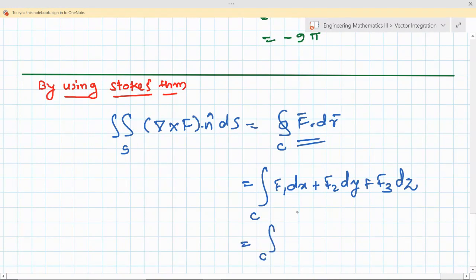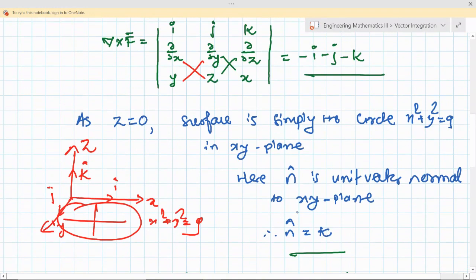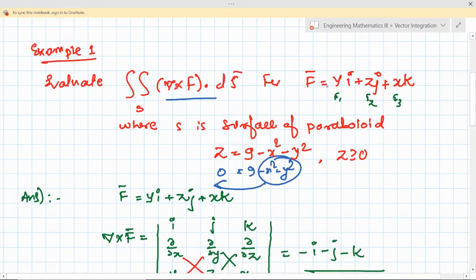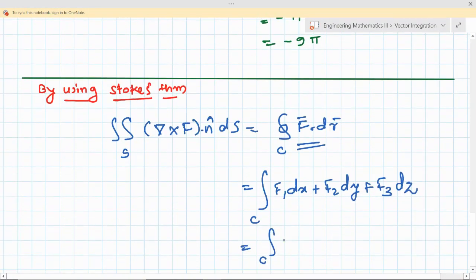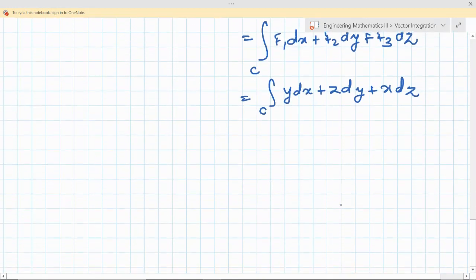What is f1? See, f bar is given here: f1 is y, f2 is z, and f3 is x. So this is y dx plus z dy plus x dz.